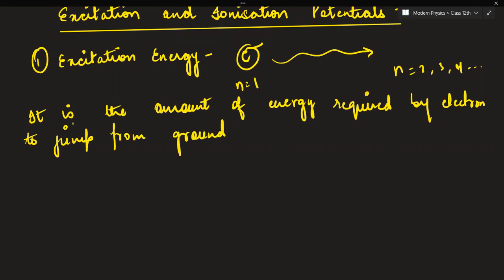I hope you all know ground state means n is equal to 1. So from the ground state to any of the excited states.